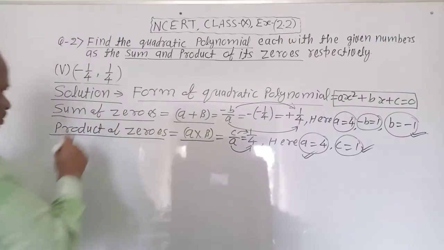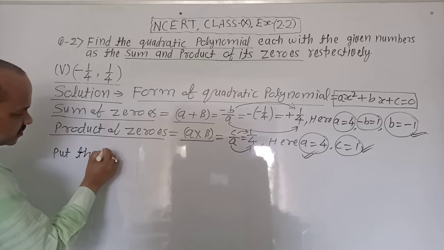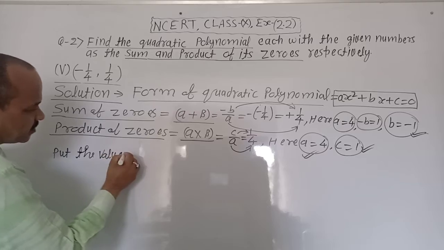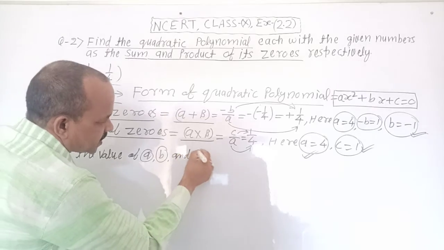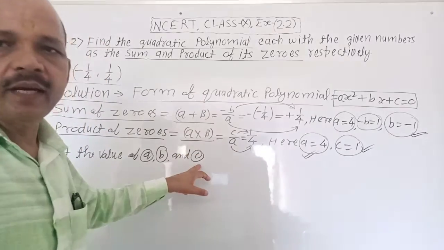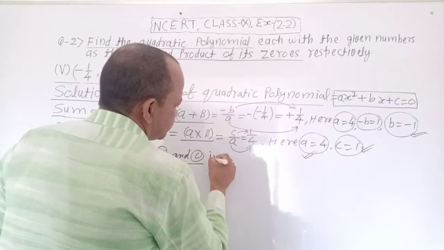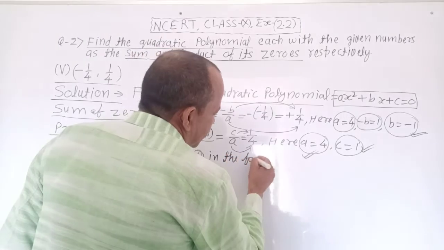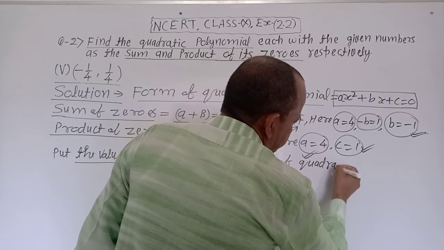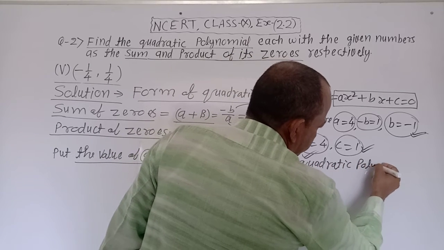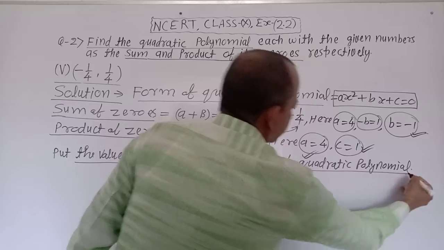Very good. Now put the values of a, b and c in the form of quadratic polynomial.